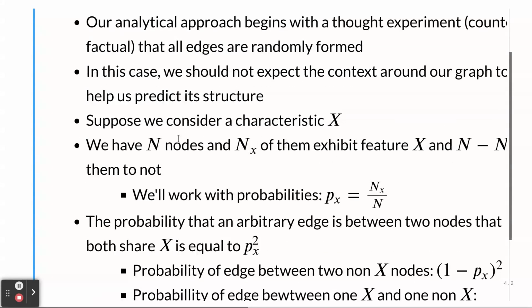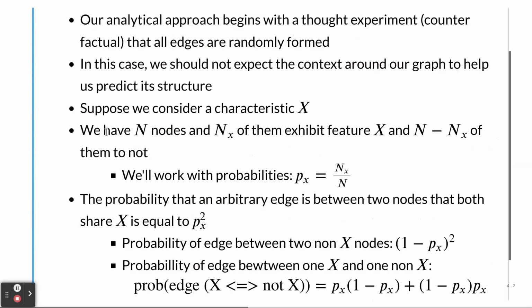So now let's consider a particular characteristic that we'll call x. This is going to be in our data frame before; this might be gender or favorite color. Thinking of one characteristic that we'll call x, suppose that we have capital N nodes, and we'll say that n sub x of them exhibit feature x, and n minus n sub x of them do not.